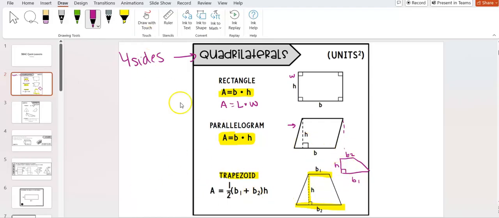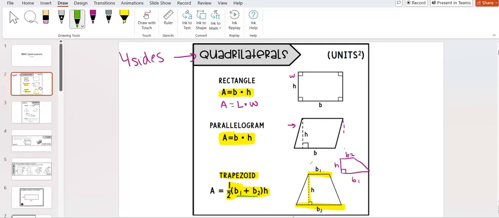Now, the formula for a trapezoid looks pretty funny, but it's pretty basic. It's actually very similar to the formula for area of a triangle, because if I extend my trapezoid up, it is part of a triangle. You see that? And so it's the same kind of formula, except that we have to add the two bases together.